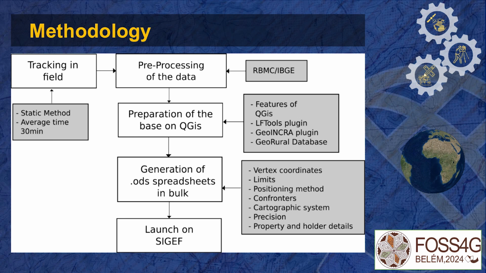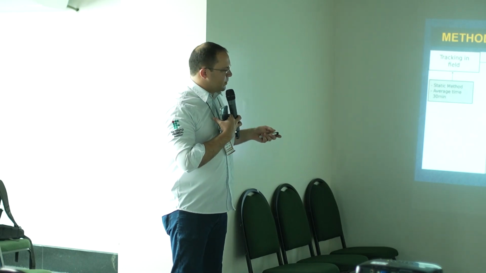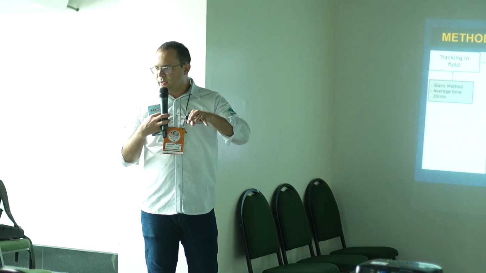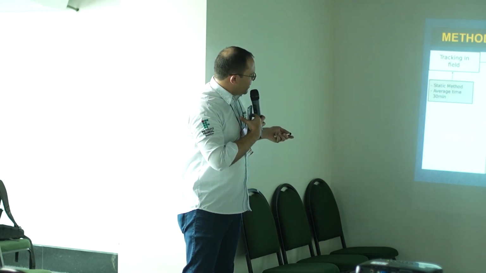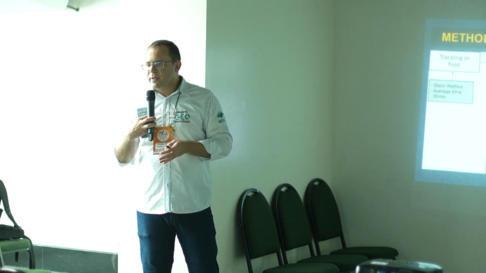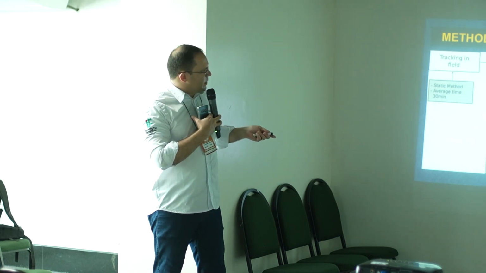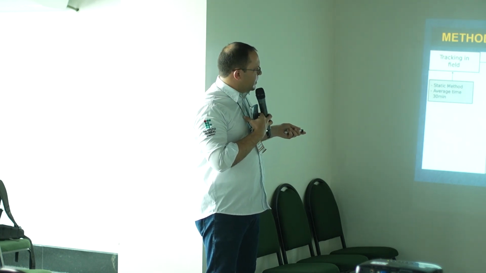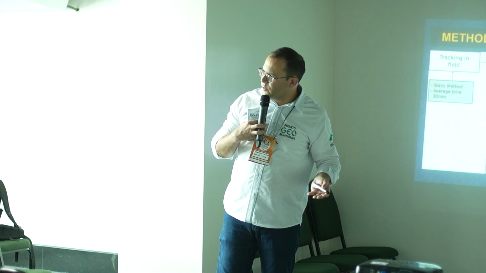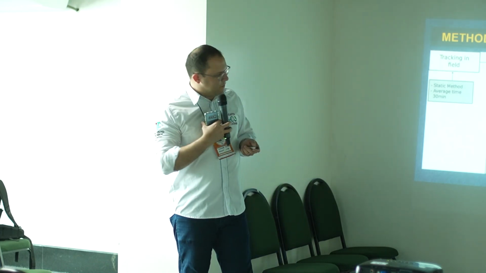After that, we have the points of the limits of the area with the precision, and the area of the settlements is divided into properties, and everything of this is prepared using QGIS. So they use the creation features in QGIS. They also use LF Tools, that's also another plugin that I developed.